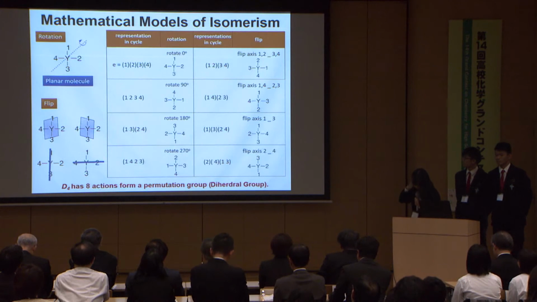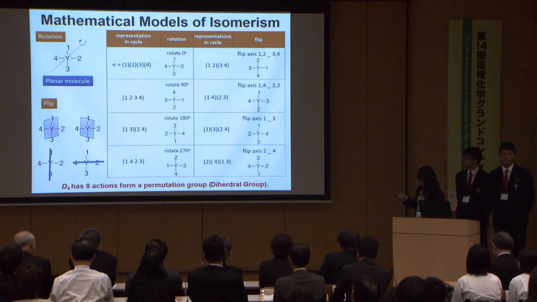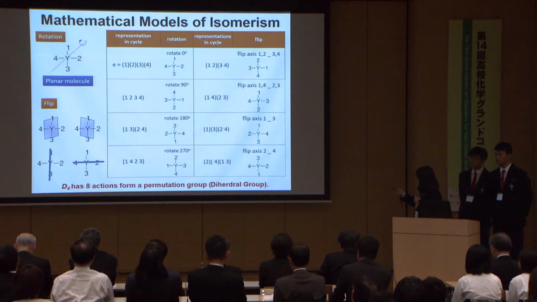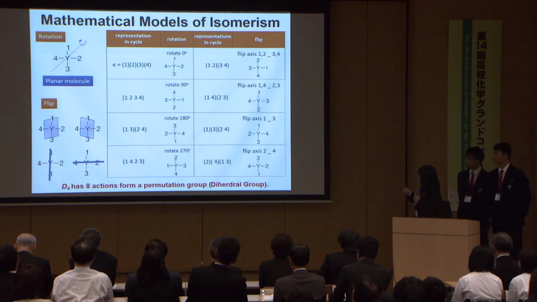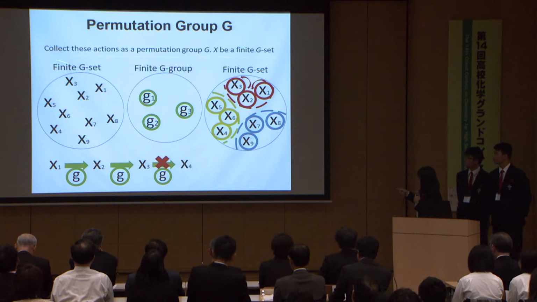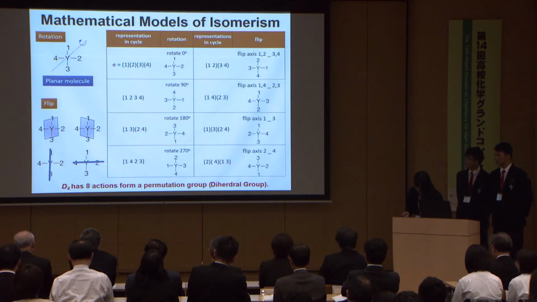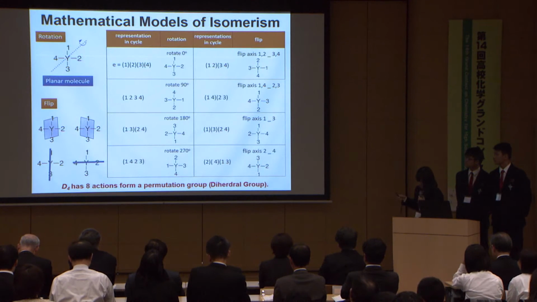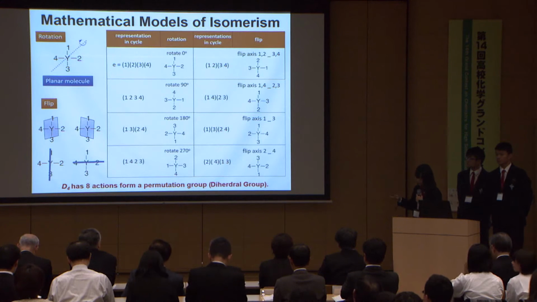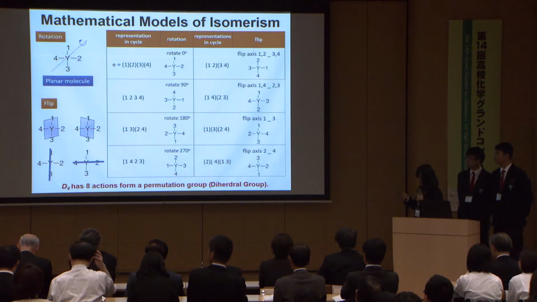So we call them configurations. These configurations can be classed into a configuration set S. But some configurations can turn back into the same configuration by some permutation actions.